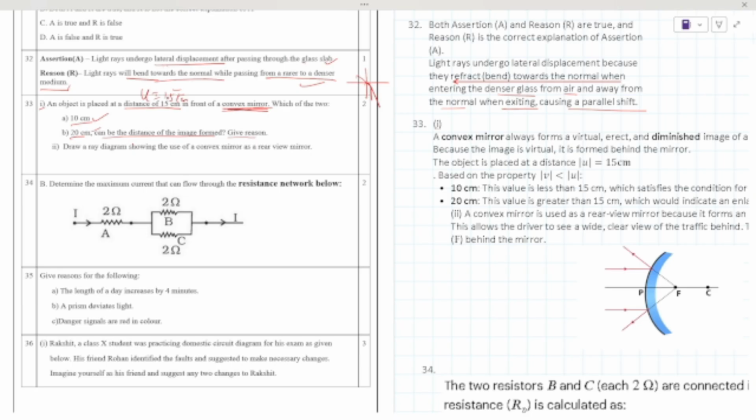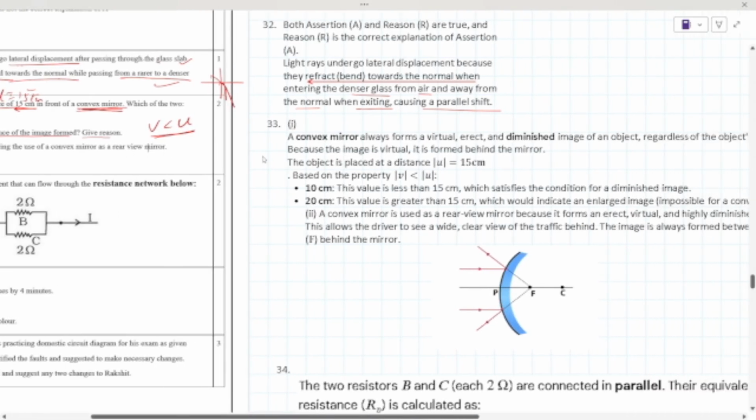So as here the object is at 50 centimeter, the image distance v will be less than 50. Which one will be correct, 10 centimeter or 20? According to this, it can be 10, right?